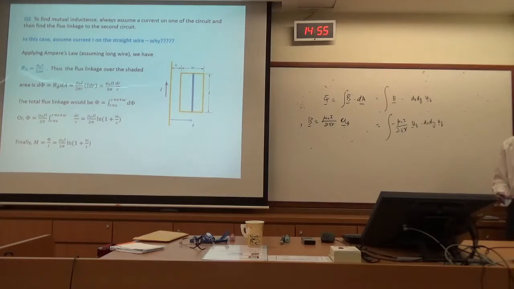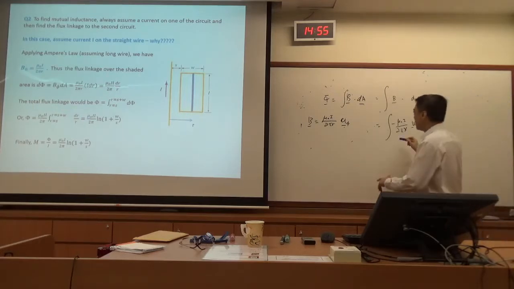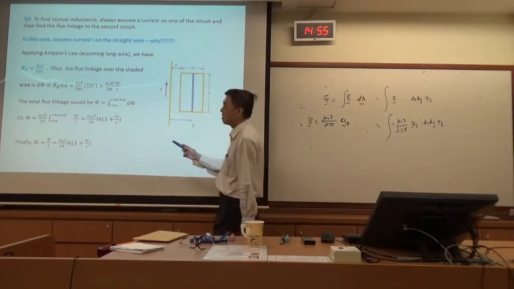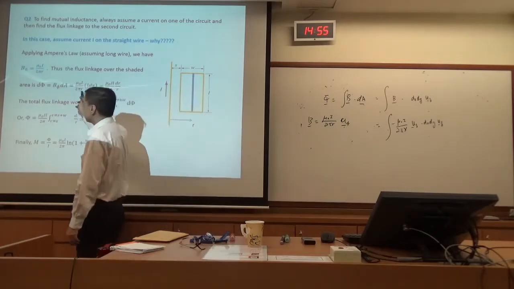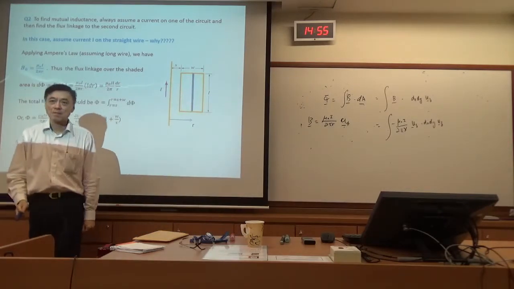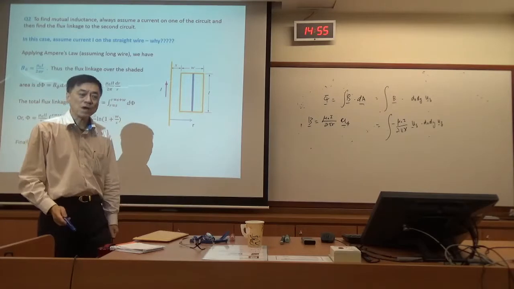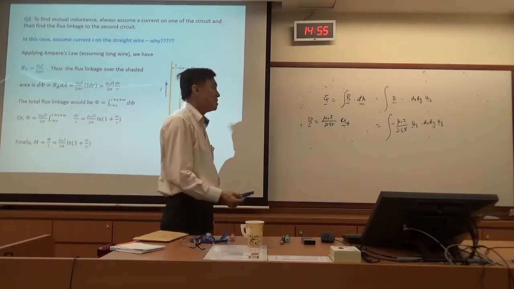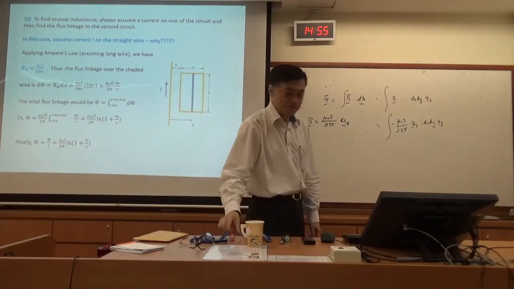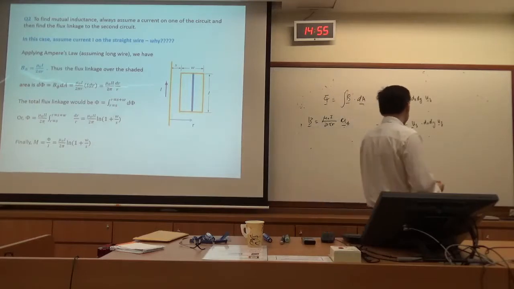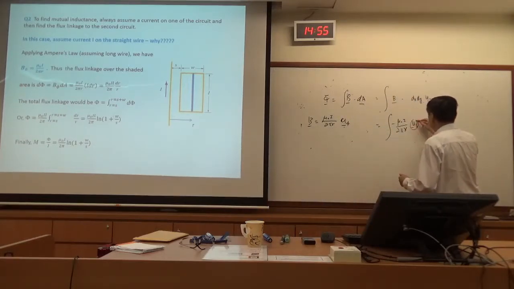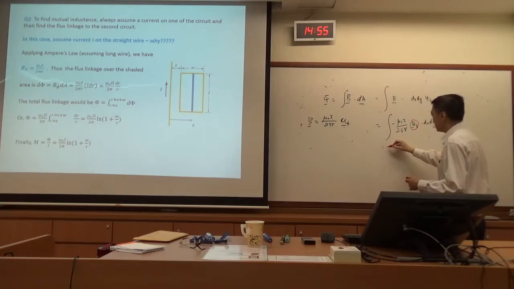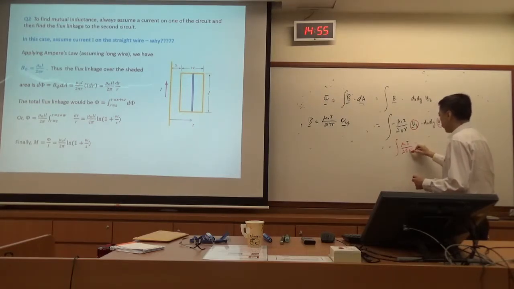Now, why is it different from here? The difference is that this and this are gone, equal to minus mu naught I over 2 pi x dx dy.